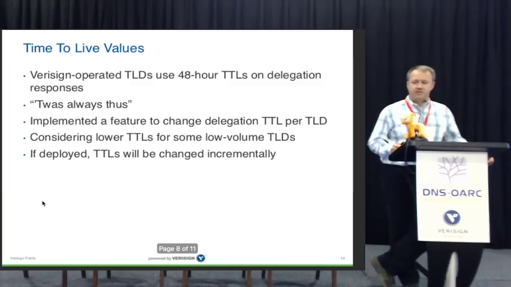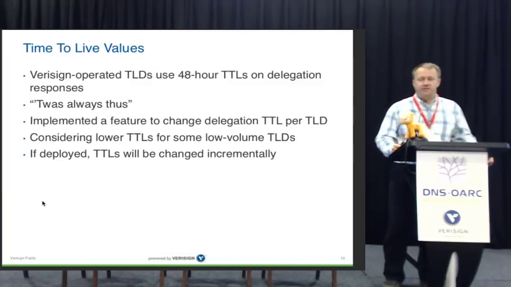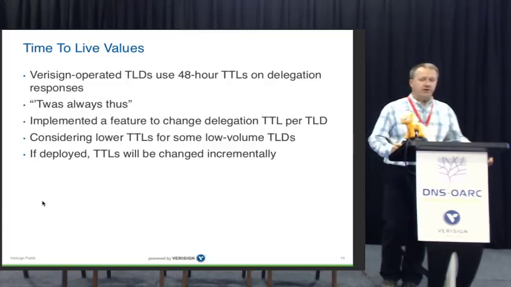Okay, TTLs. So currently, all of the VeriSign operated TLDs have a 48-hour TTL on all the delegation data, and it has been this way for as long as any of us can remember. We have been asked about changing these TTLs, lowering them to something other than 48 hours.